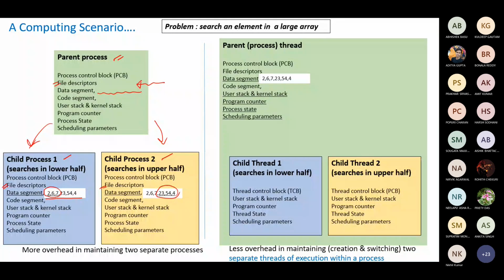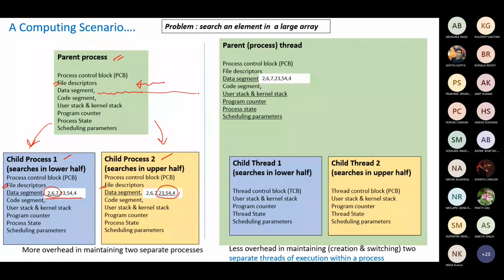Now why did the parent create these two child processes? Because the array may be very long, and if I create multiple child processes, as a programmer we know that each process, whether child or parent, can be scheduled separately. So the unit of scheduling is a process, right? It may be a parent or a child.